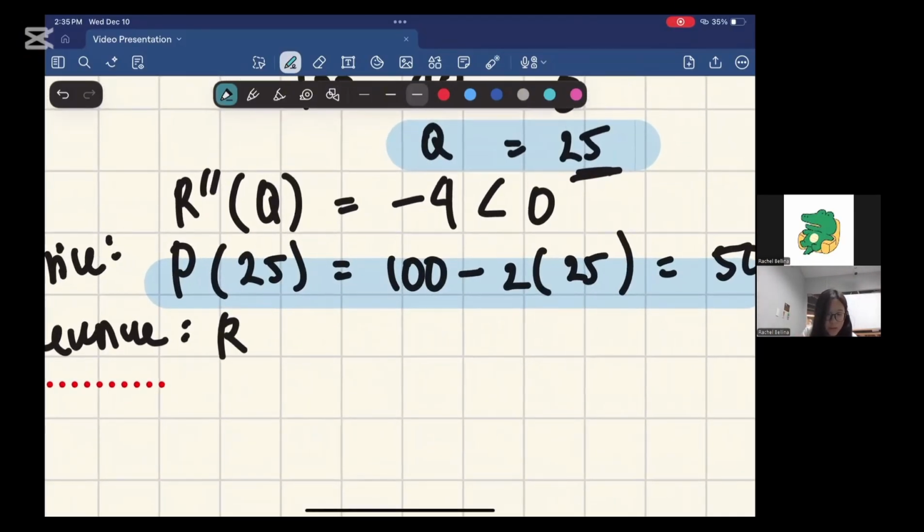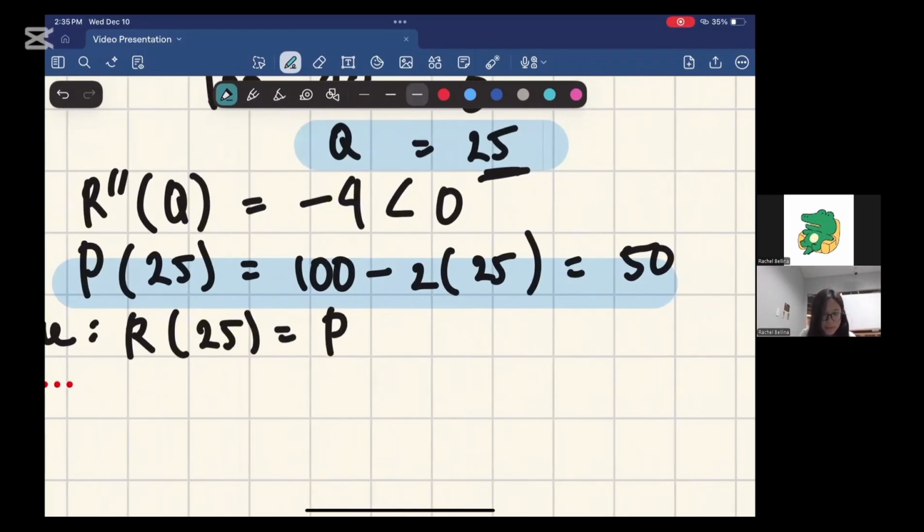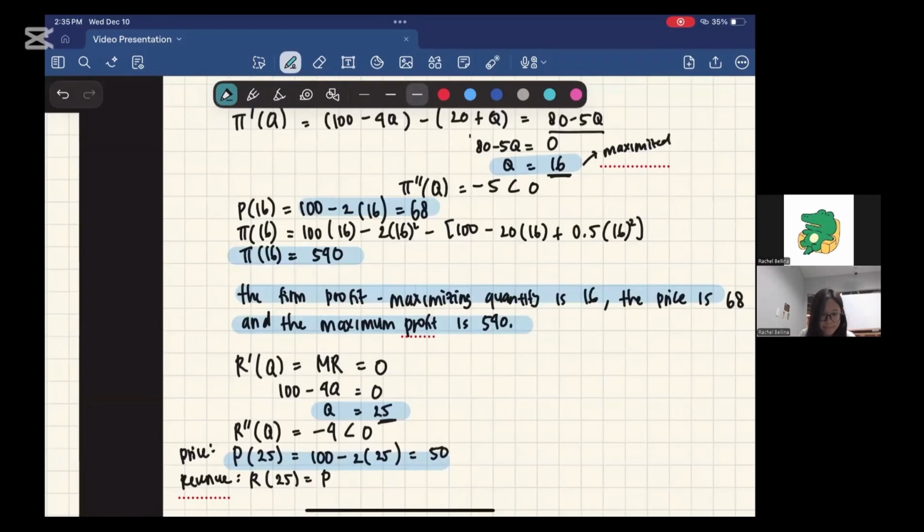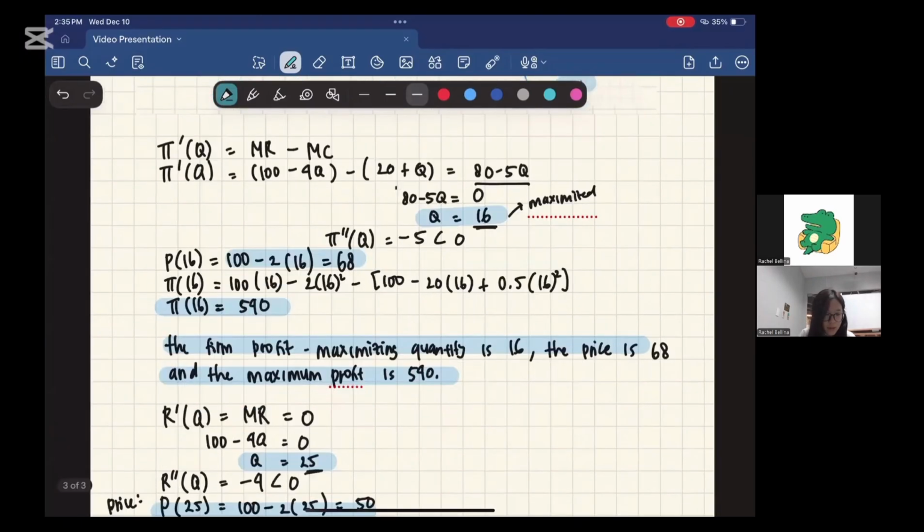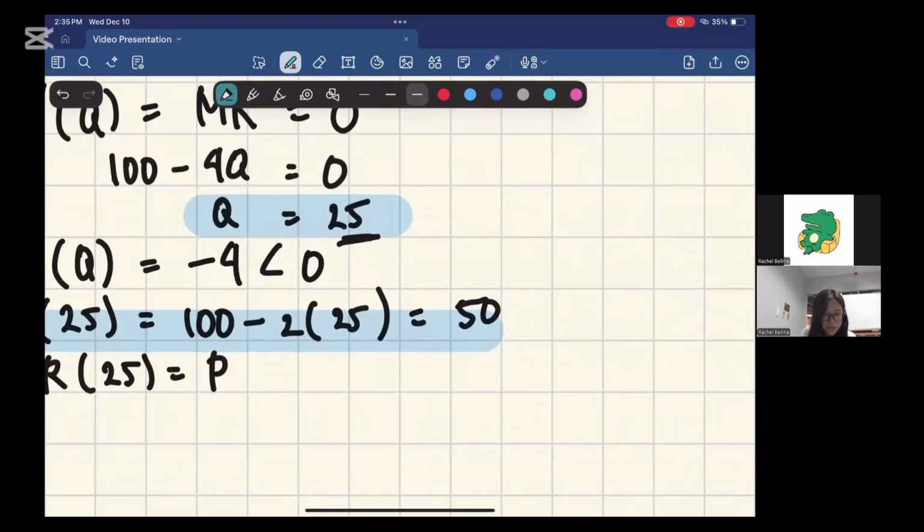So R of 25 equals P of 25 times 25, and that equals 1250.